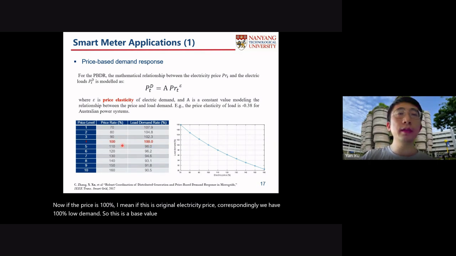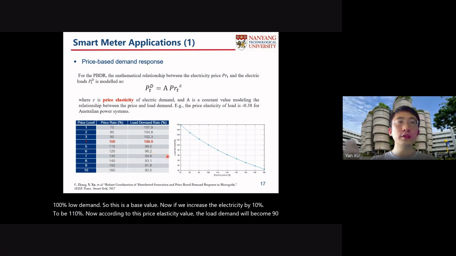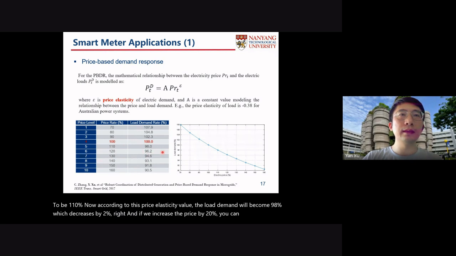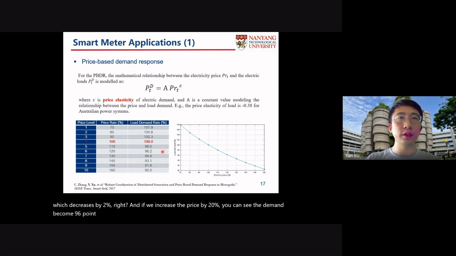Now, if we increase the electricity price by 10% to be 110%, according to this price elasticity value, the load demand will become 98%, which decreases by 2%. And if we increase the price by 20%, you can see the demand becomes 96.2%, which decreases by 3.8%. Now you can calculate different values according to this formula.